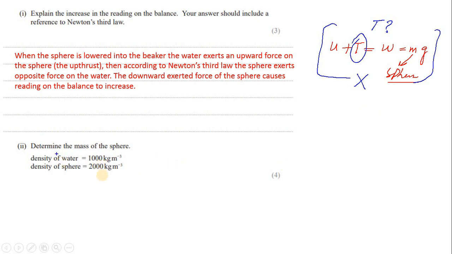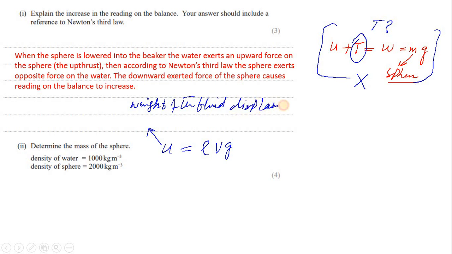But you know that as per definition, upthrust is equal to rho Vg. This is the definition of upthrust. And what is upthrust? Upthrust, as per definition, is the weight of the fluid displaced when some object is immersed.